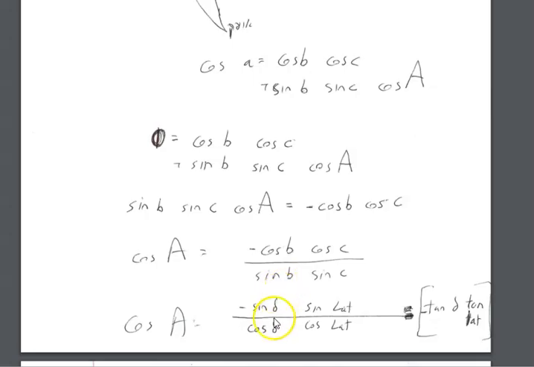So sine 90 minus that is cosine. That's a rule that any sine and cosine you can flip if you do 90 minus that. So instead of writing cosine B, we can write it as sine declination.